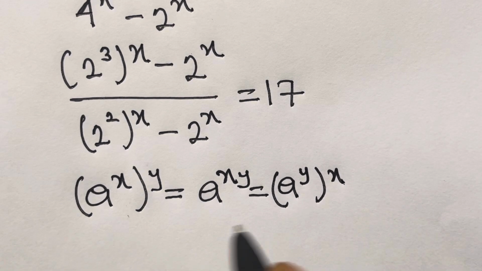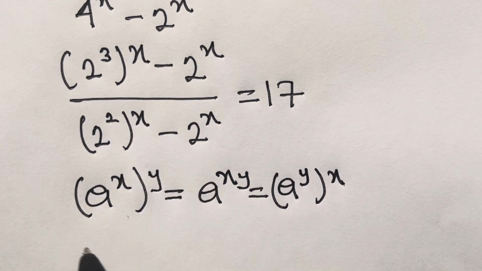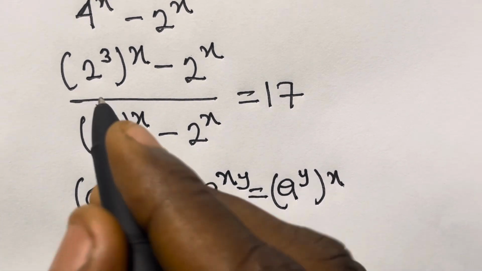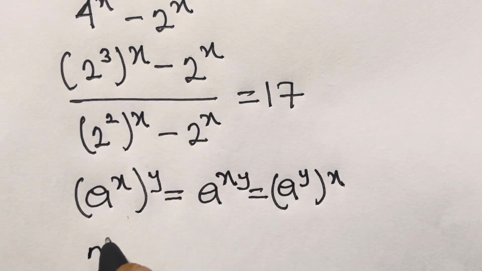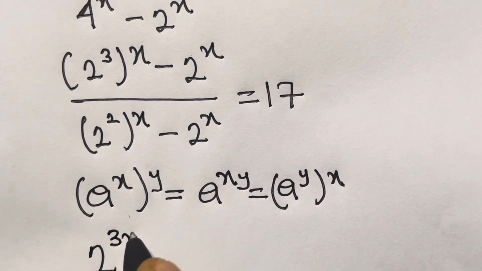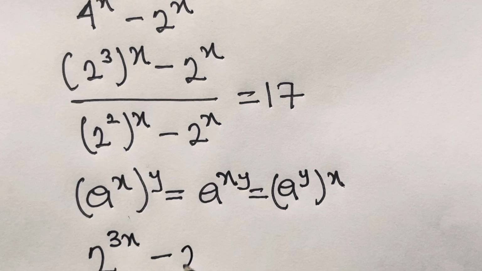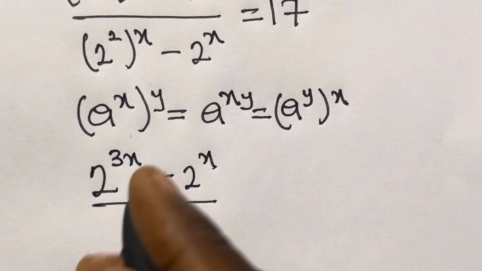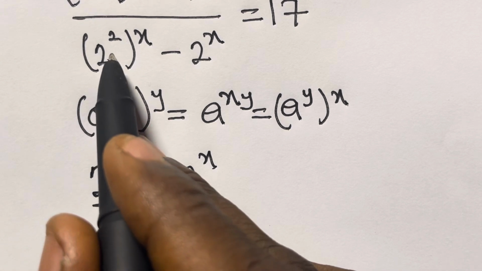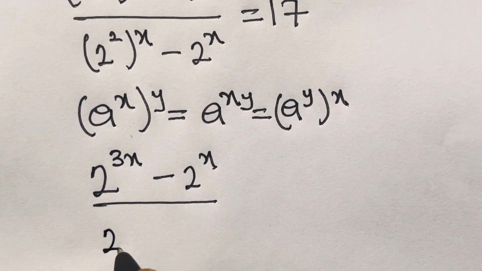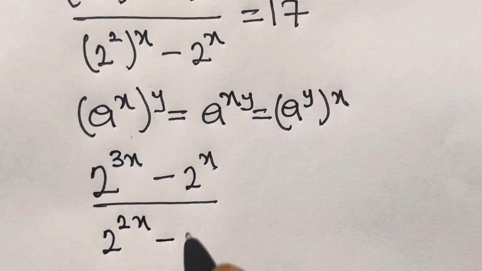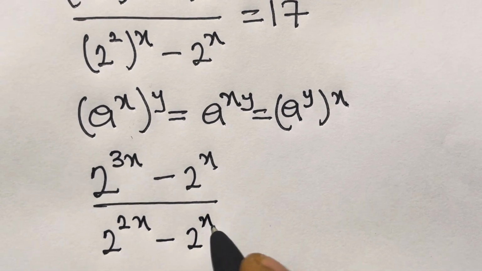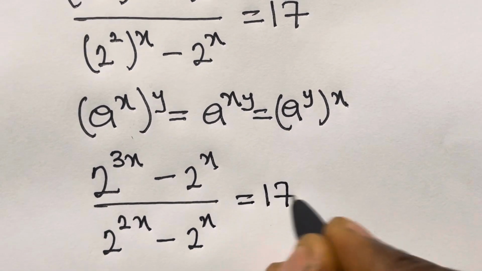So now for this expression above, we will have 2 raised to power 3 times x, that is 3x, minus 2 raised to power x, divided by 2 raised to power 2x minus 2 raised to power x equals 17.